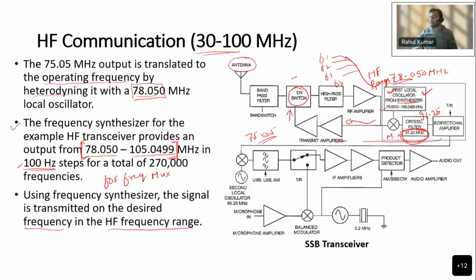If you are using the antenna for transmission, you will switch the connection to the transmitter, and then your signal will be transmitted at different frequencies within your HF range.